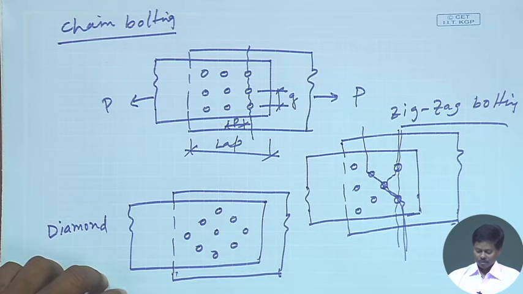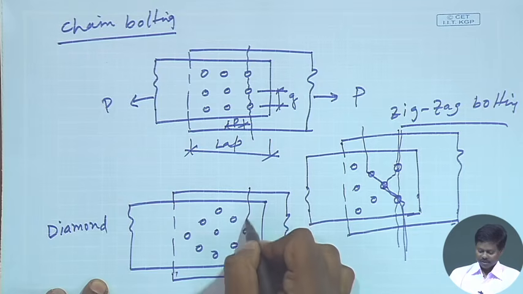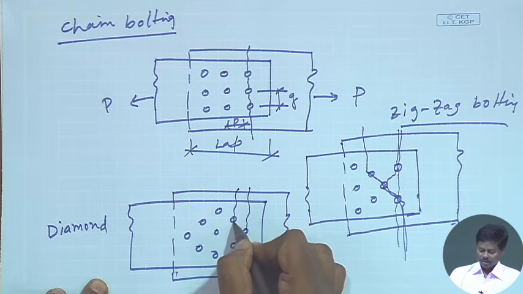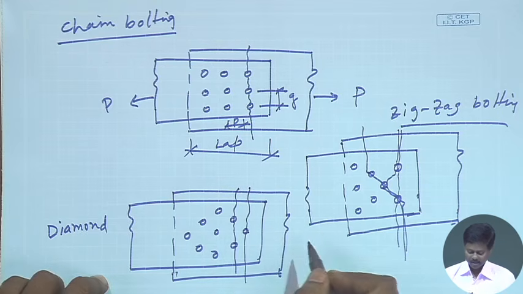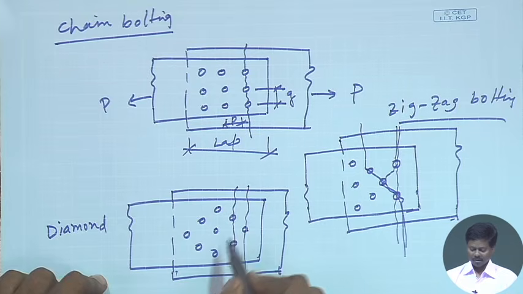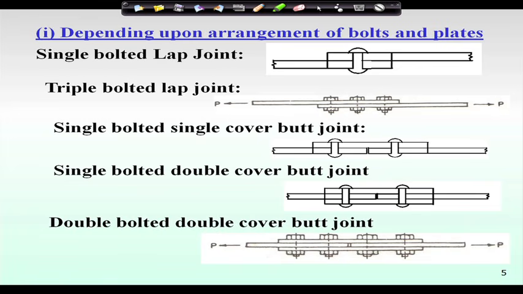Right. So, this is called diamond bolting. Its failure may occur in this way, by failing of this, like this, in different ways it may fail, and generally we prefer diamond bolting because it is much more efficient.